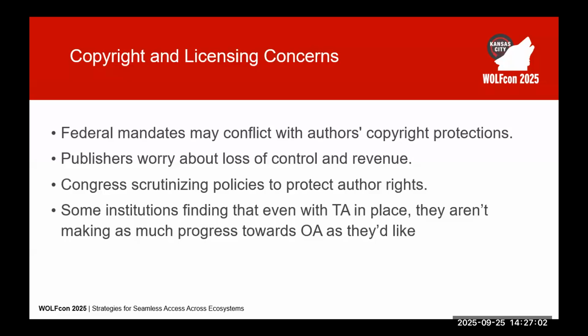Congress is also involved in scrutinizing some of these policies to ensure that authors' rights are protected. And even for institutions that have transitional agreements in place, that movement to open access really isn't linear. There's a lot of tension between this push for openness and the legacy systems of copyright control. And libraries are often finding themselves caught in the middle of trying to support faculty, comply with these mandates, and also negotiate for fair terms with publishers.